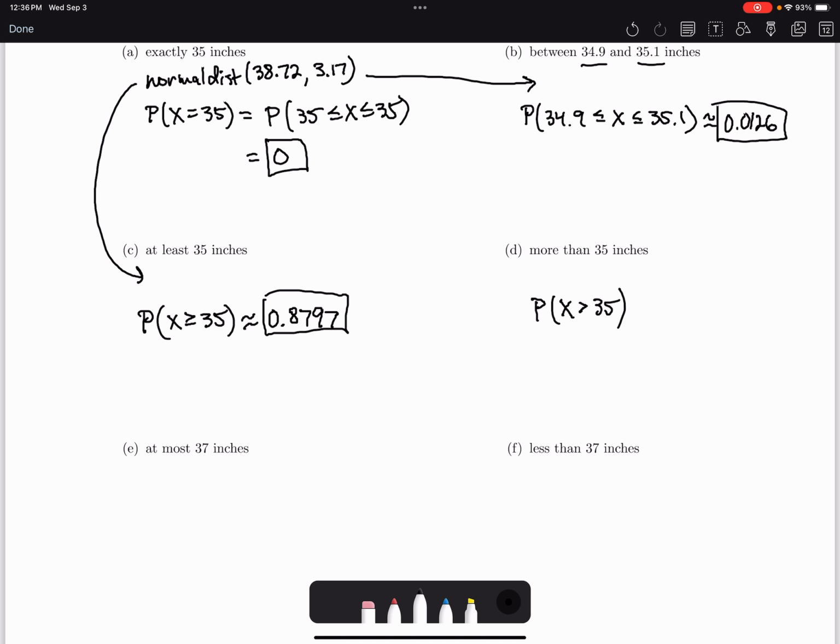If this were a binomial probability, then we would say that this equals the probability that x is greater than or equal to 36. Okay? But this is not a binomial probability, this is a normal probability, so no adjustment is necessary, right? It's just going to be 35 still, okay? So this is going to be exactly the same as what we just computed, 0.8797.